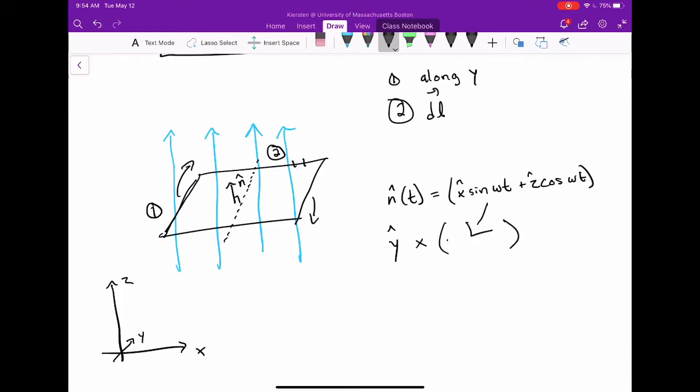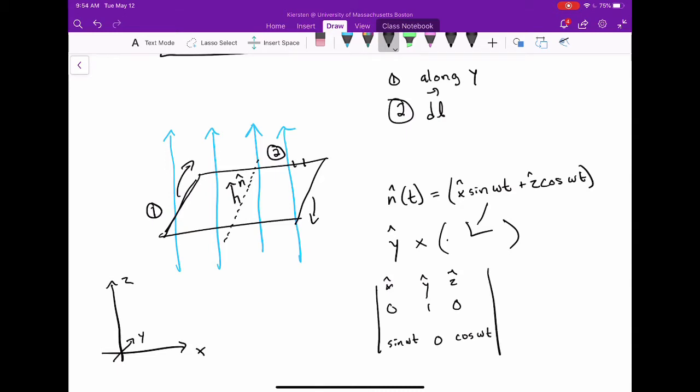So y cross that stuff, if we write that out this way, x hat, y hat, z hat, we're using the determinant method, 0, 1, 0, sine omega t, 0, cosine omega t.